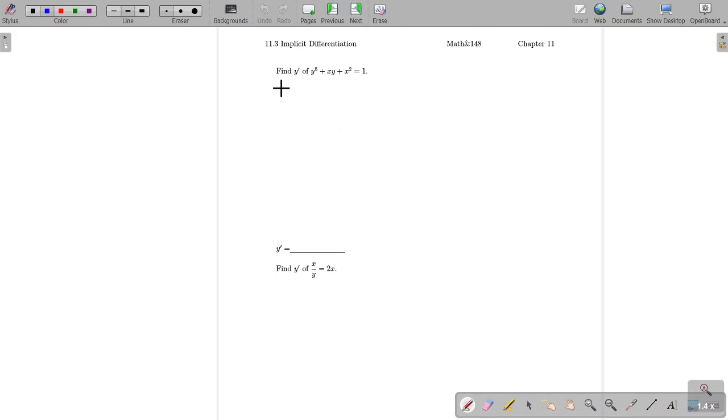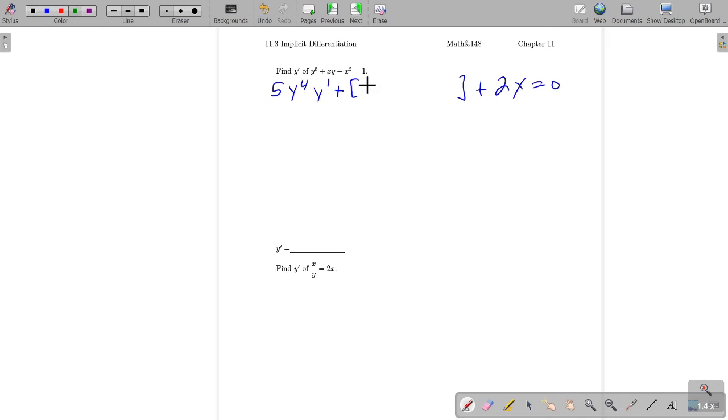So this will be the power rule: 5 y to the fourth y prime plus, now we're going to have the product rule. Then we'll have 2x equals 0.